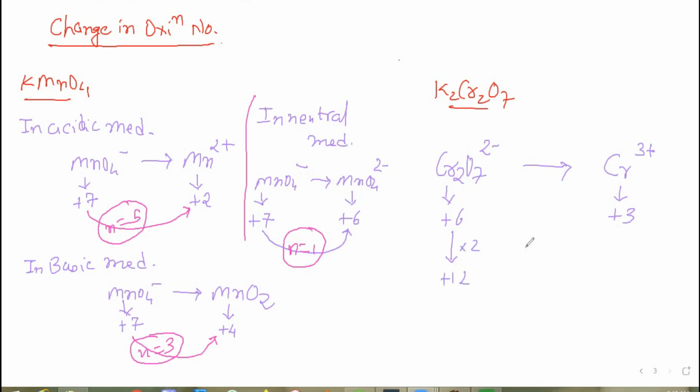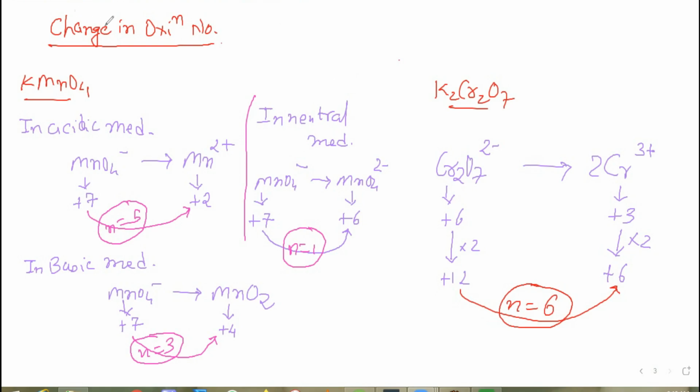So total oxidation number of Cr will be 12. Another side multiplied by 2, because from 1 mole of Cr2O7 2 minus ion we will get 2 Cr3 plus, and the change will be 6. Okay, next is 12 to 6. Change in oxidation number is 6, so the N factor will be 6. So students, you have to remember only the n factor. Here I have mentioned how this number is produced.